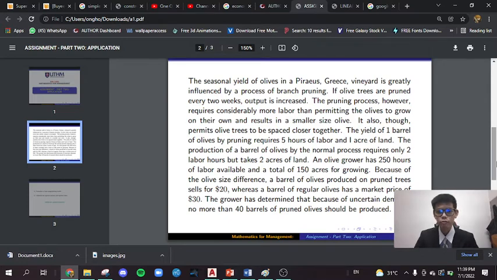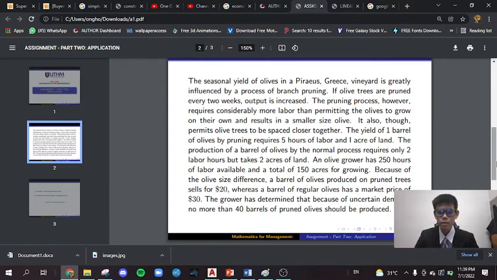The production of a barrel of olives by a normal process requires only 2 labor hours but takes 2 acres of land. An olive grower has 250 hours of labor available and a total of 150 acres of growing.